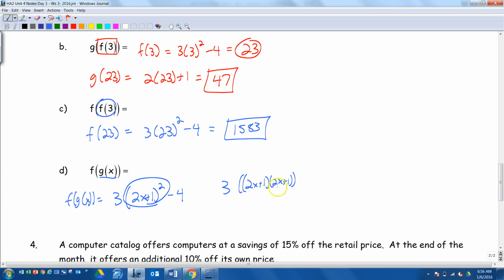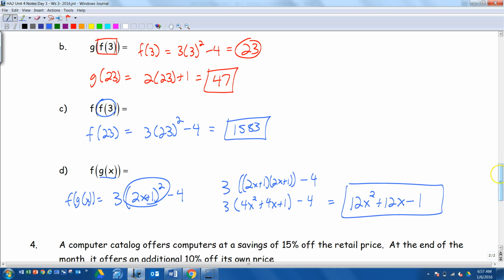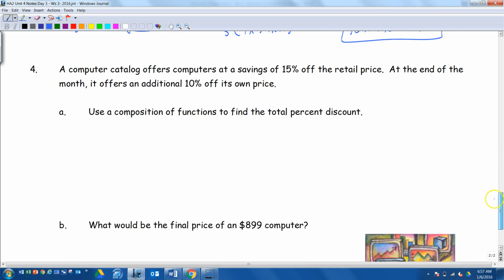You can do that first. Minus 4. You get 3 times, this becomes 4x squared plus 4x plus 1 minus 4. And when you simplify that by distributing the 3 and subtracting the 4, you get 12x squared plus 12x minus 1.